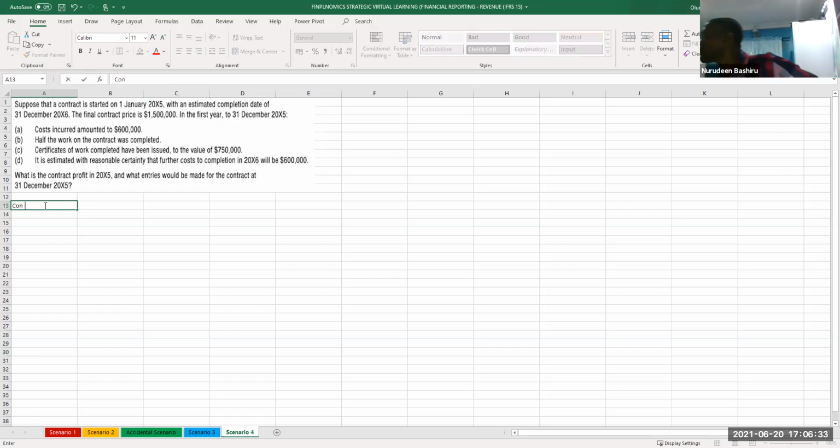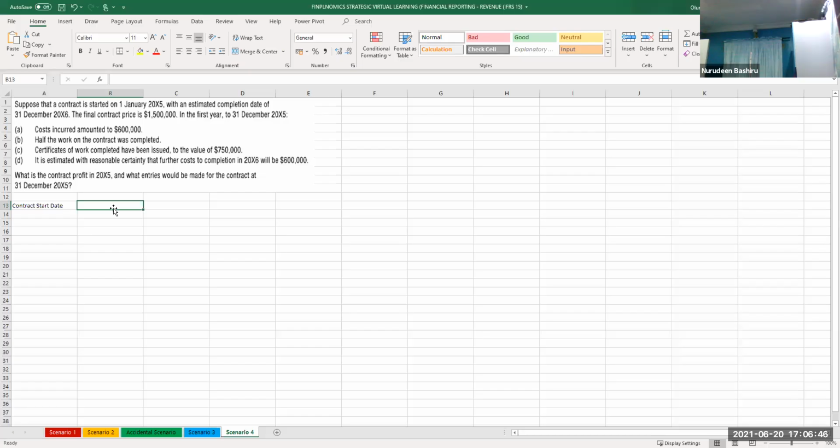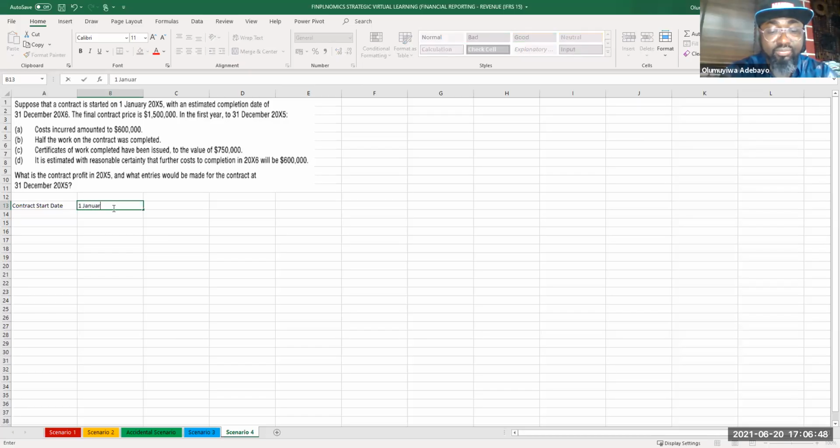Contract start date: 1st of January, 2015.